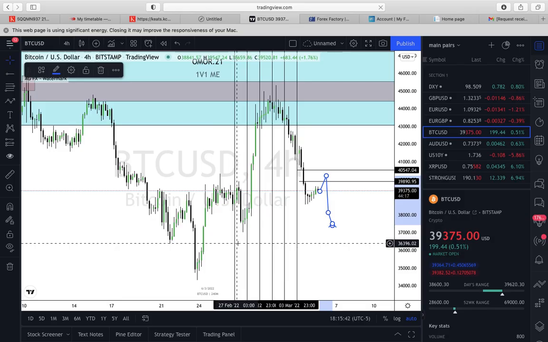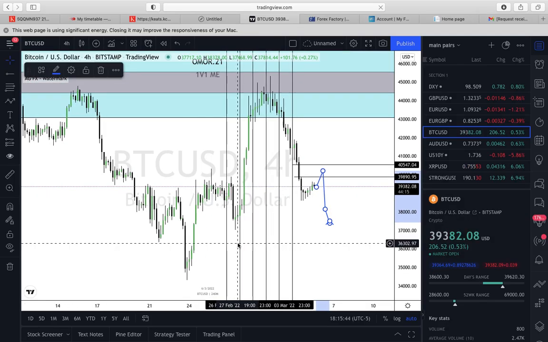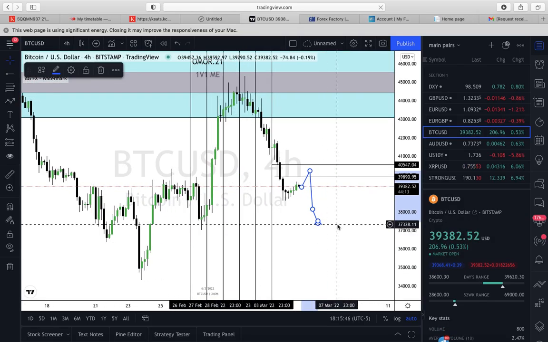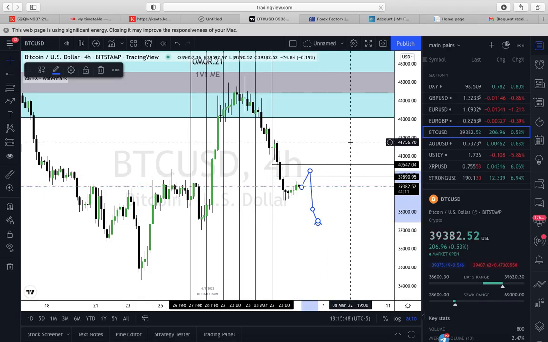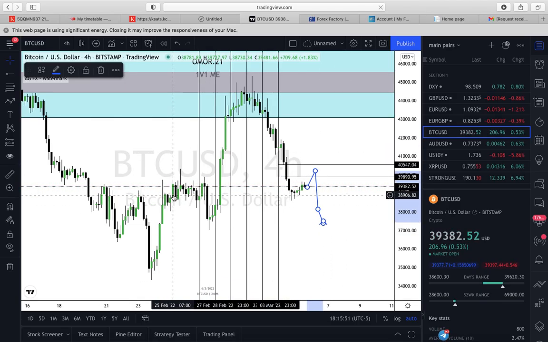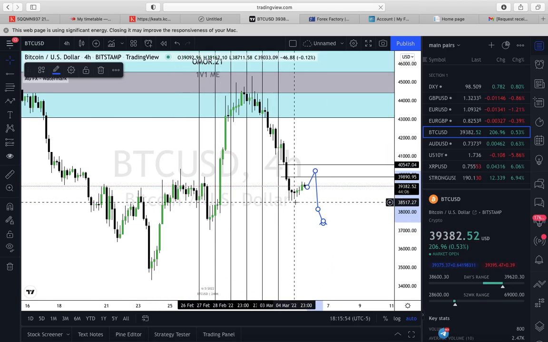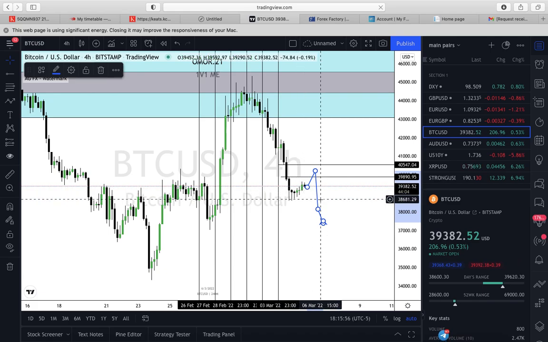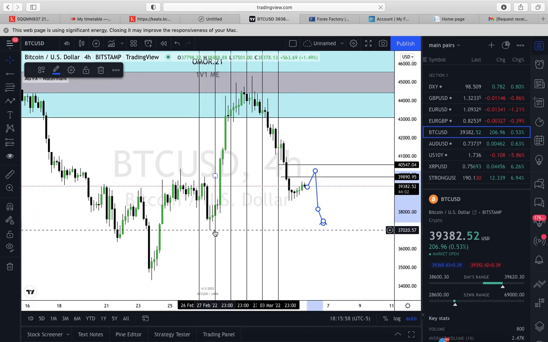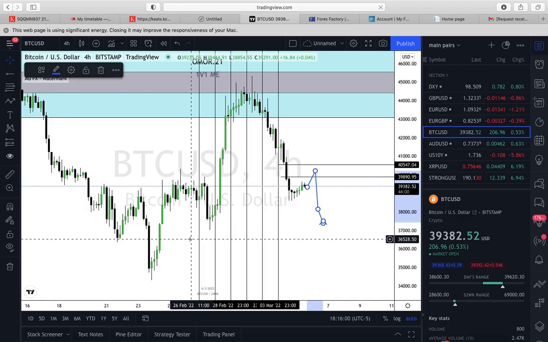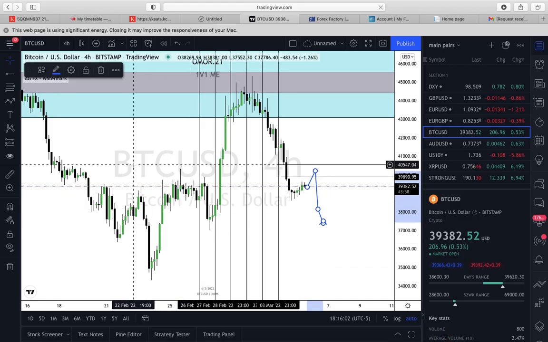That's what I want to see for Bitcoin as of now. That's what I'm anticipating, and that's what I think the accumulation of orders here is gonna fund. The run under this low into this imbalance. That's what I would want to see for Bitcoin.